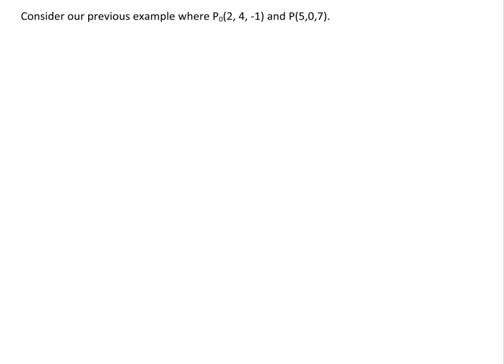Consider our previous example where we had 2 points. P naught was (2, 4, -1), and P was (5, 0, 7). From this, I know that v is (3, -4, 8), because 5 minus 2, 0 minus 4, 7 minus a negative 1.